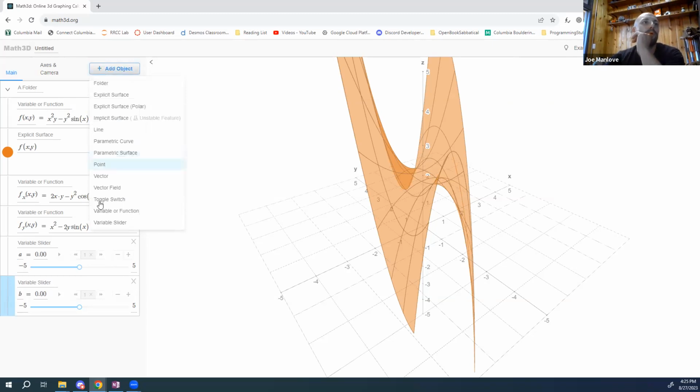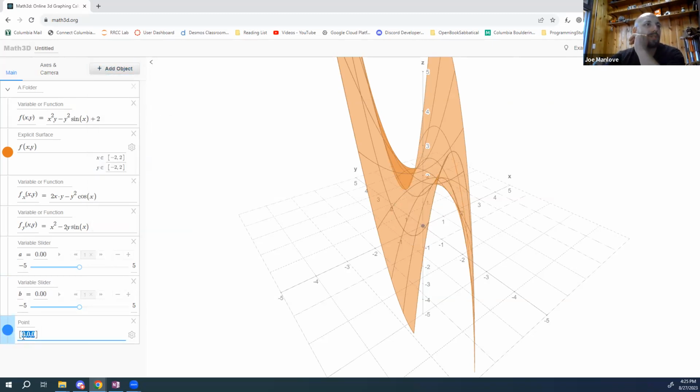Let's see. We need a point. So I want this point to be above A comma B. So I'm going to put it at A comma B comma f of A and B. Okay, so there's my point on my graph. What's not working?